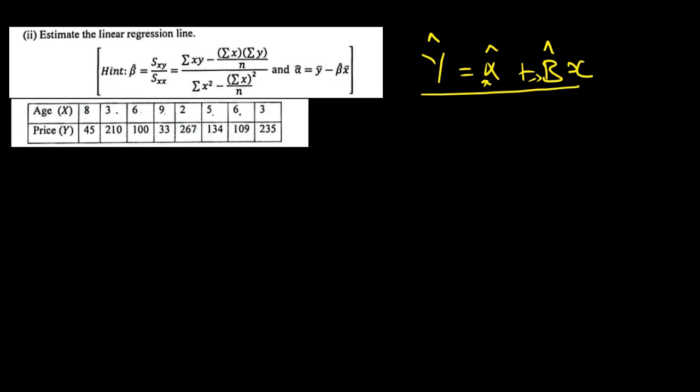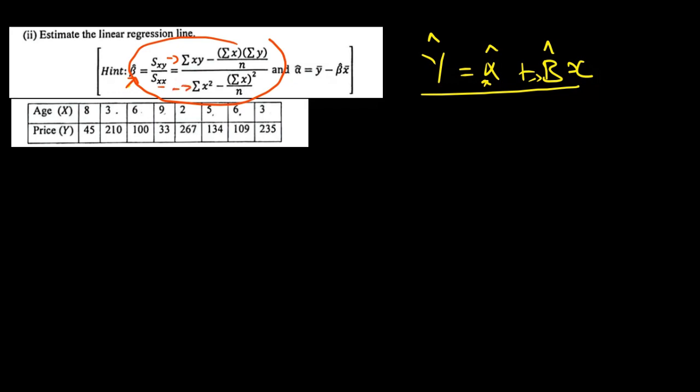So we can see from what we've been given here that the b cap, let me choose red, is given by the summation of xy divided by the summation of xx there, and then we have this big formula that we are going to use. The top part we use to find the summation of xy, the bottom part to find the summation of x.